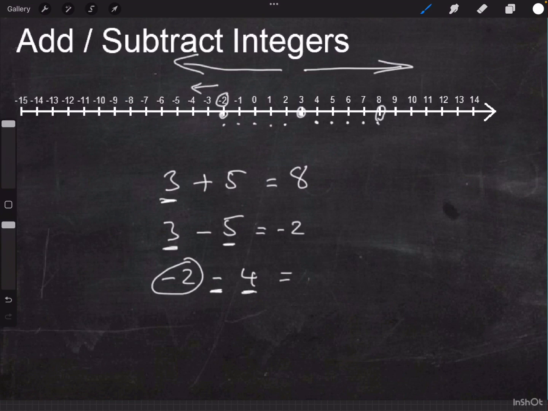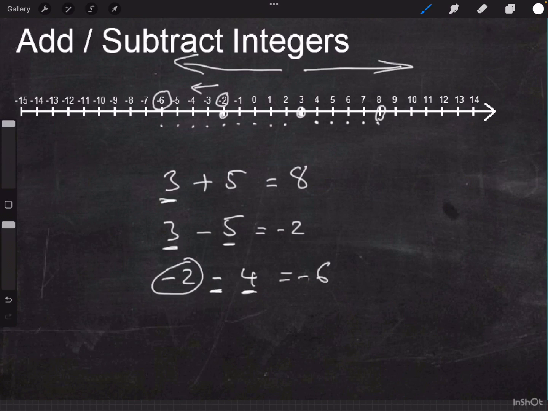Alright, so we look at the left side of negative 2, which is negative 3, and we go to the left 4 more. So we start here, 1, 2, 3, 4, and we stop at negative 6. Simple enough. Negative 6 is the answer for negative 2 take away 4.